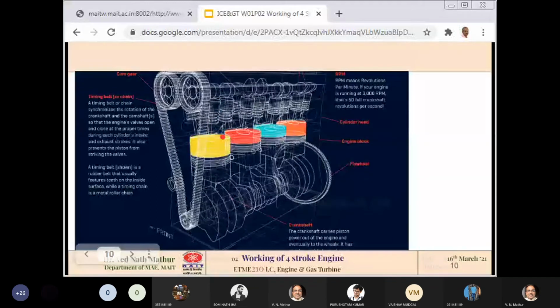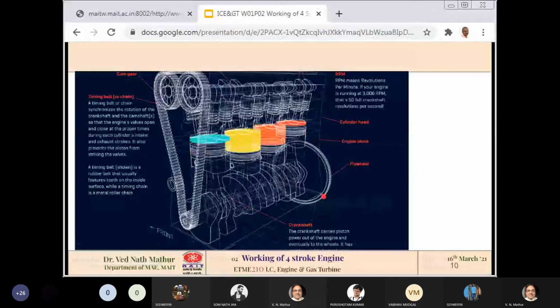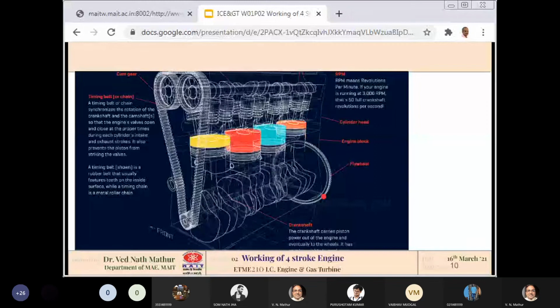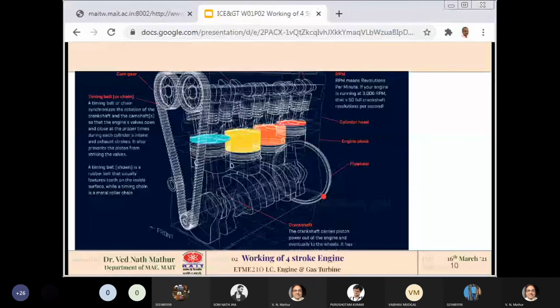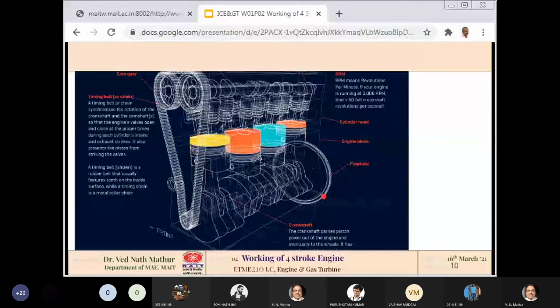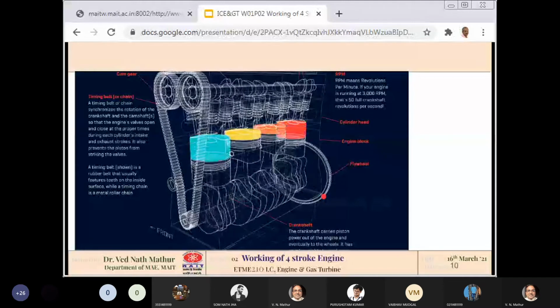There can be 2 inlet valves and 2 exhaust valves for a single cylinder for quick entering and moving out of the charge. That's why you might have seen these words written: 16 valves.